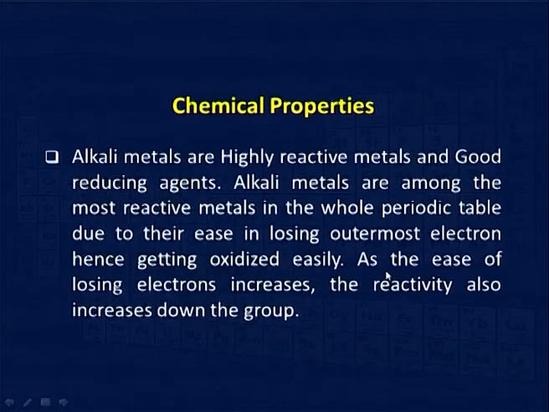This is the main property required for reduction, that is, it should be able to lose the electron very readily, and the more readily it releases the electron, the more reducing properties it is going to have. The reactivity also increases down the group, because the ionization energy decreases down the group, so it becomes easier to remove the electron.